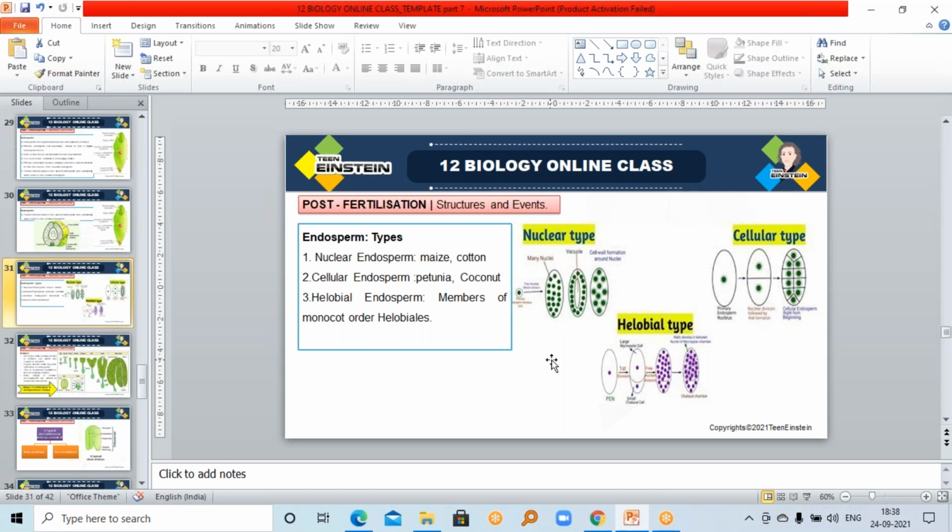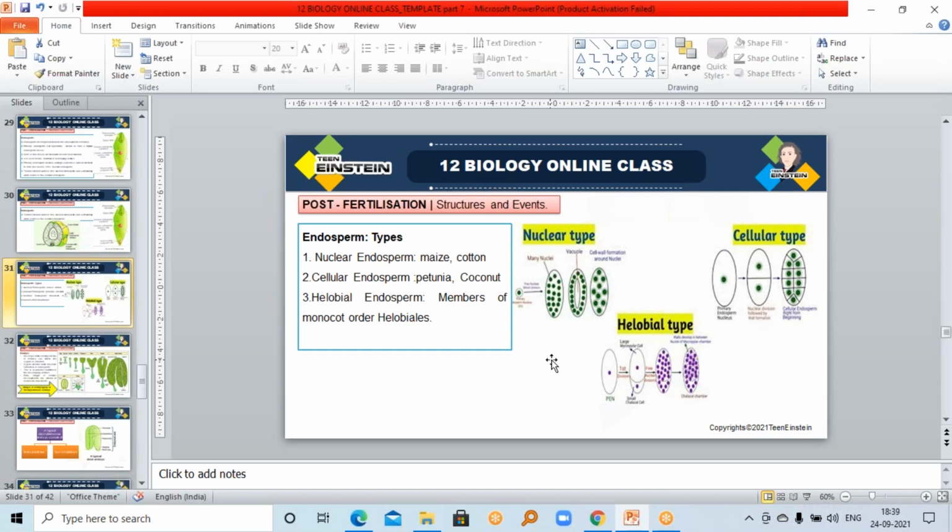And the cell wall formation may happen or may not. Okay. In the case of cotton, maize, in all these, nuclear endosperm. Okay, free nuclear endosperm.